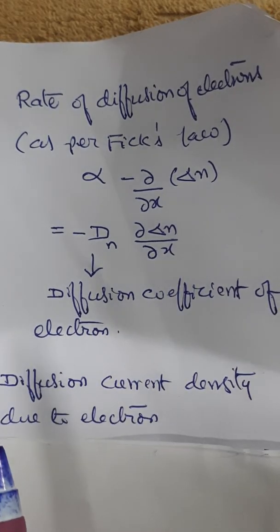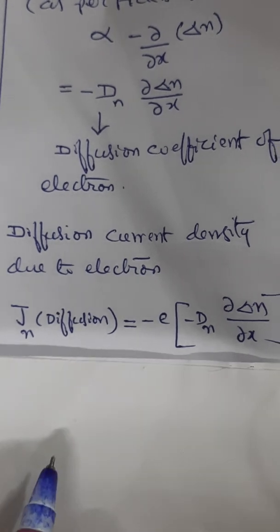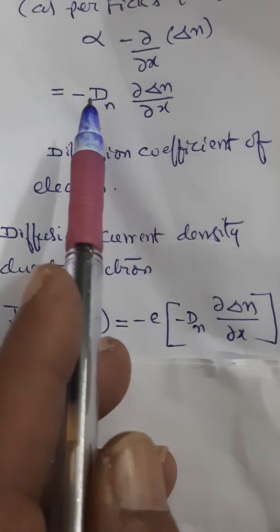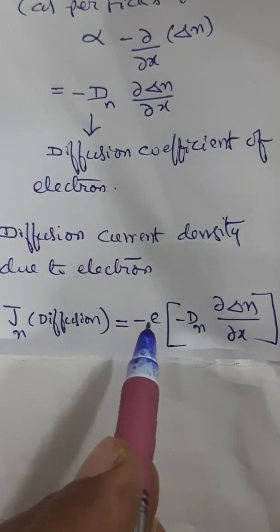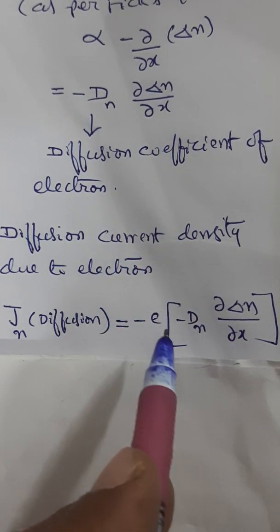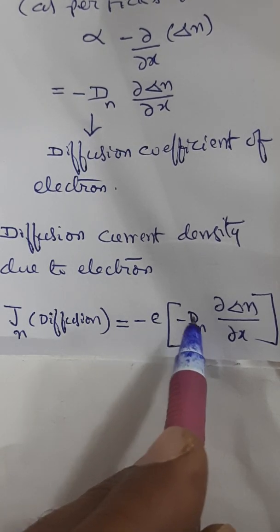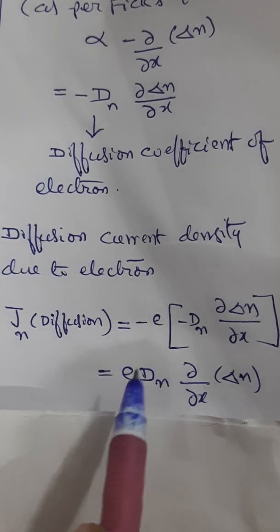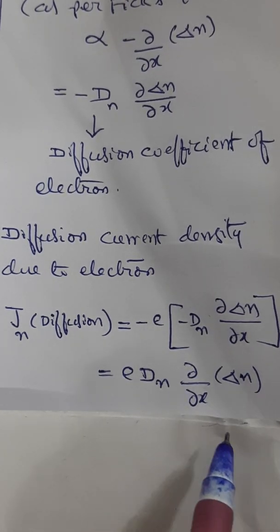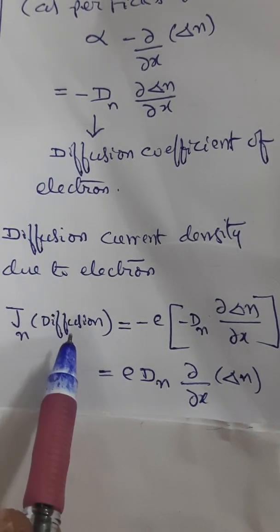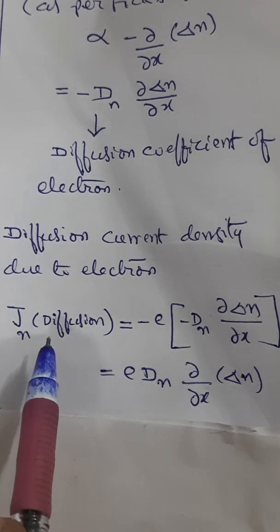Therefore Jn diffusion is minus Dn into dou delta n by dou x into e. Taking this common, the minus times minus Dn becomes plus, so e Dn into dou delta n by dou x. This is the diffusion current density due to electrons.